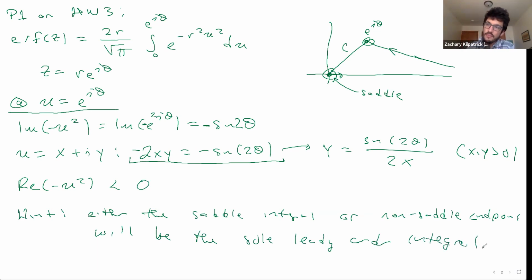Okay. So that's what you're supposed to explore in this problem, by looking at different values of theta. The leading order of this is going to change, and also potentially the direction of steepest descent is going to change. And so you just have to figure out how the steepest descent direction and this leading order behavior changes as you vary that angle that you're drawing the contour for your integral along.